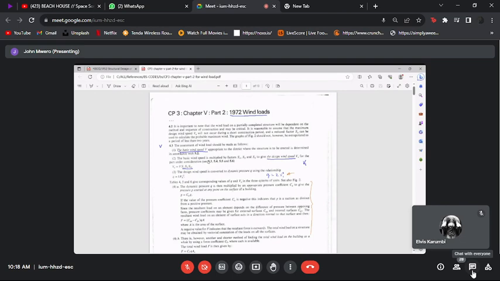This standard deals with wind, and the newer, more modern standards tend to have a lot of similarity with this standard, only that they are a bit more refined. I did mention that as we go along, I will mention what the refinements are in the relatively newer standards. As a recap, for us to calculate the wind force on a building, we first need to know the speed of the wind, the prevailing wind speed of the area.